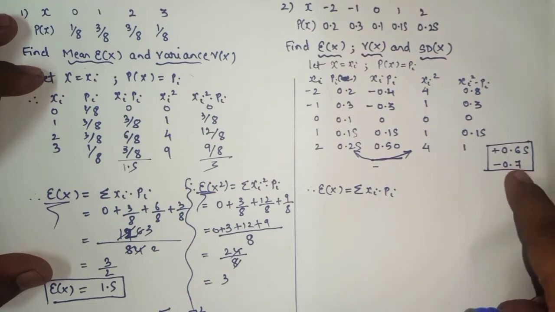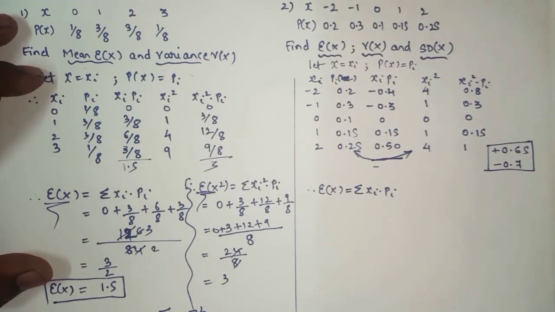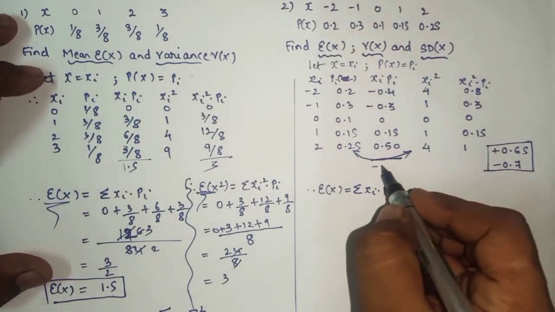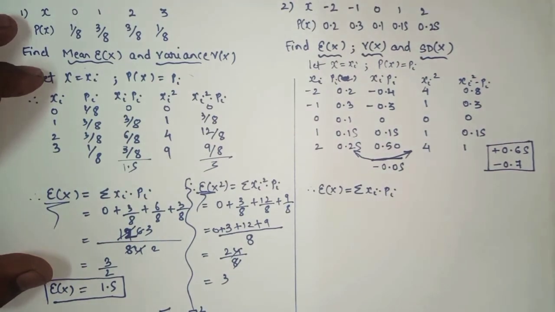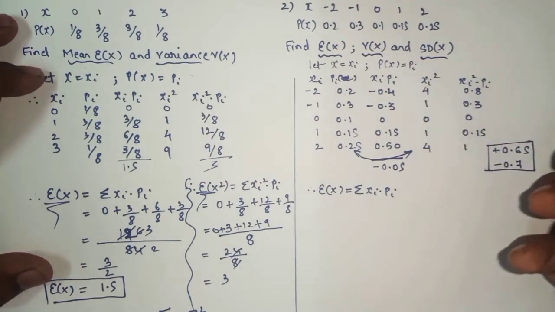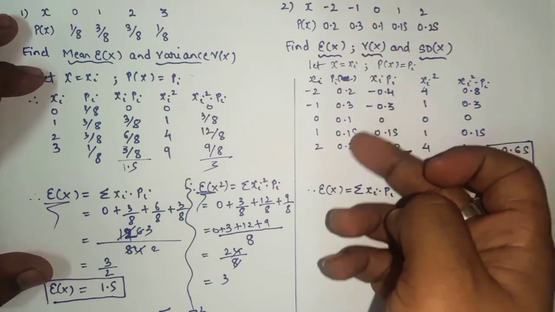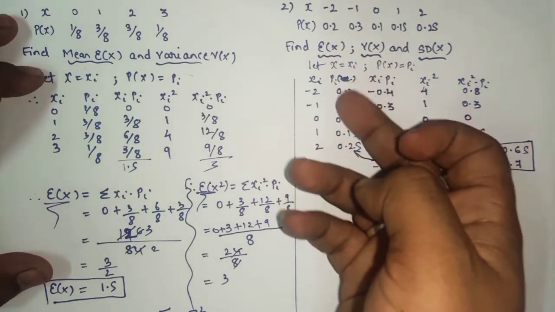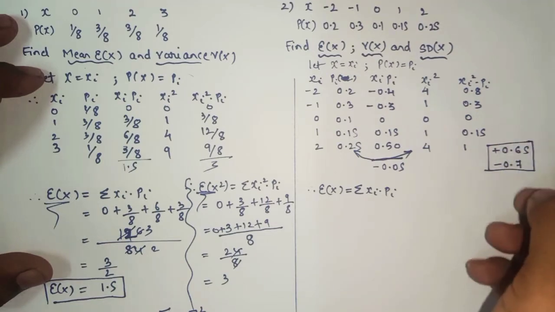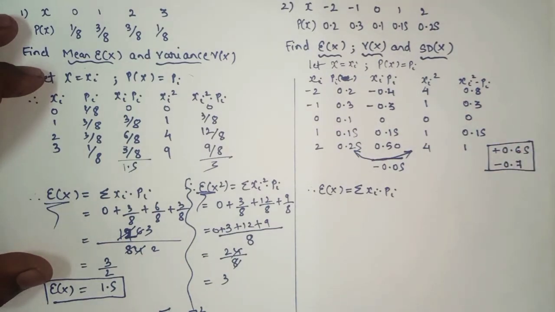So 0.7 and 0.65, you will get what? 0.05. Okay, so whenever in a column you have negative numbers as well as positive numbers, find the positive numbers separately, then the negative numbers, and then solve those two numbers to get the final answer. Okay, so here we got the answer.